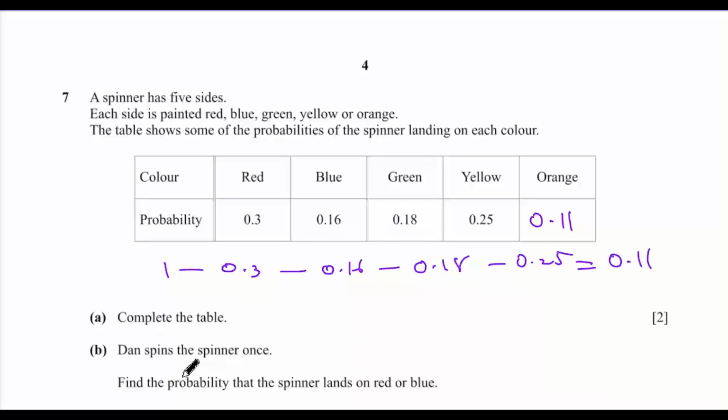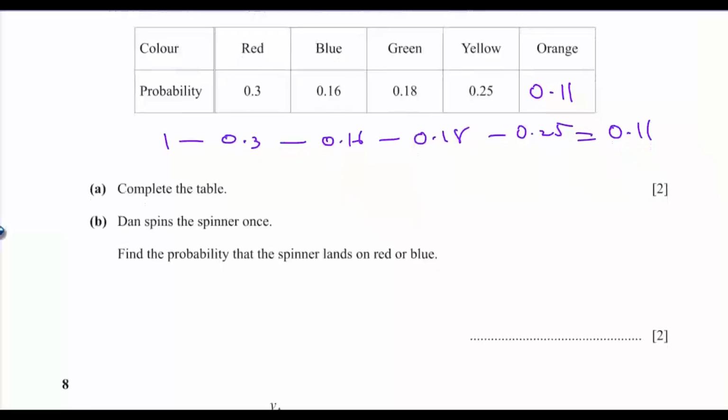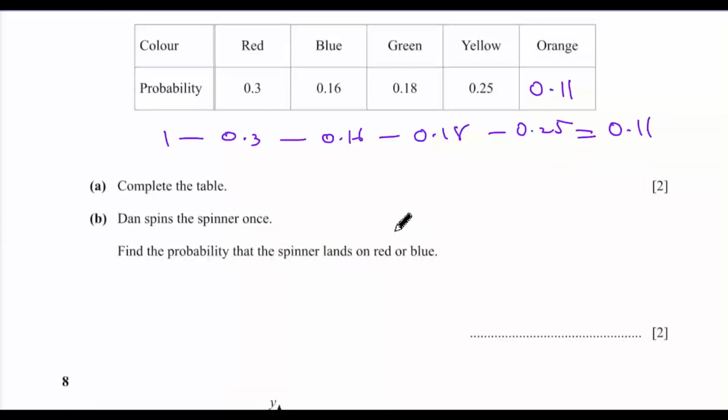Then part B, Dan spins the spinner once. Find the probability that the spinner lands on red or blue. So in probability, or means addition. That means we need to add the probability of red to probability of blue.